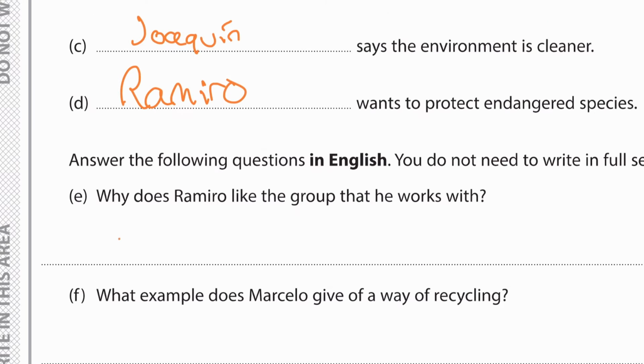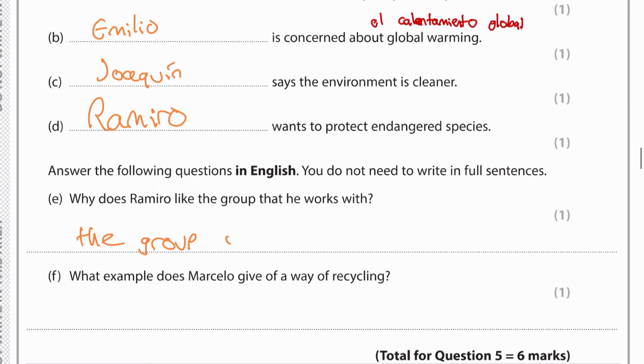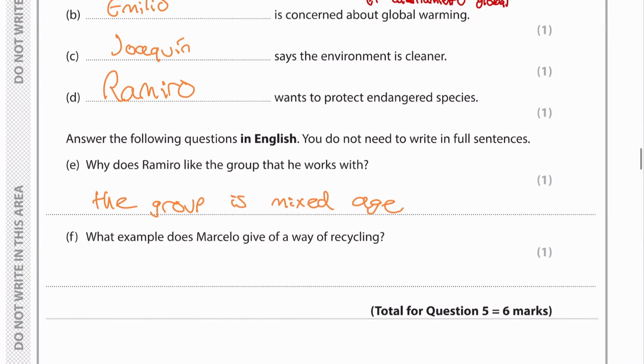Because the group is mixed age. Does that make sense in English? I'm not sure if it does, but I'm going to leave it as that. It gets the idea, of course. These can be tricky to translate into English and word in a way that makes sense, but I think you get the idea. So the group is mixed age.